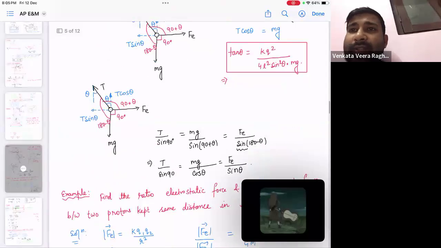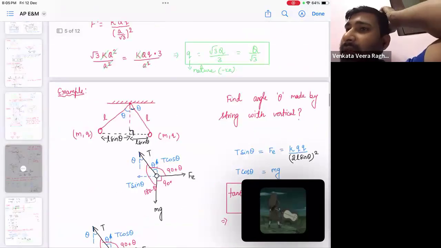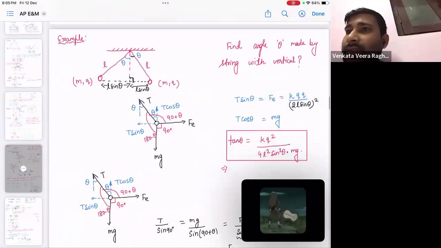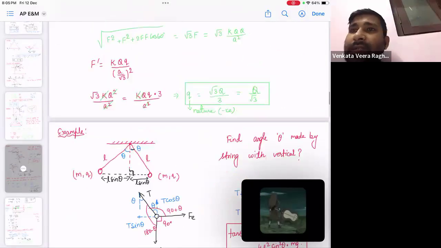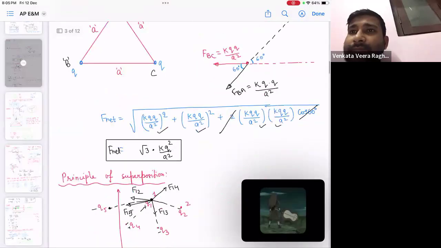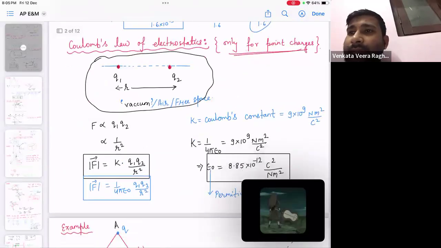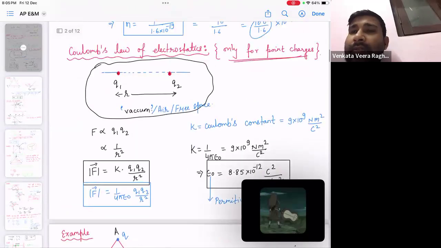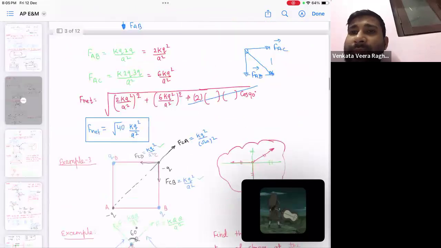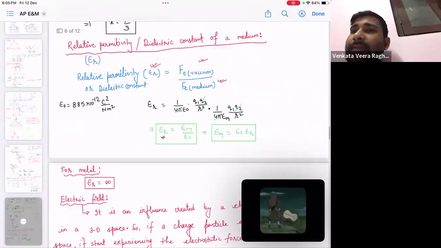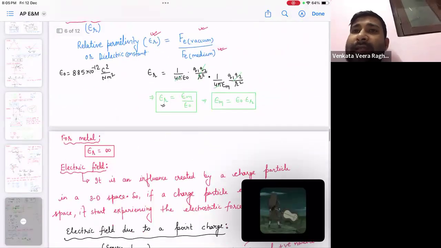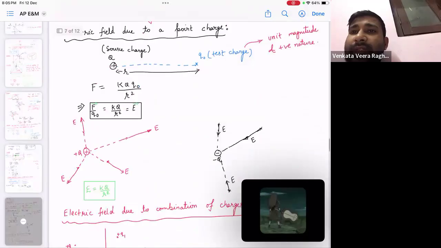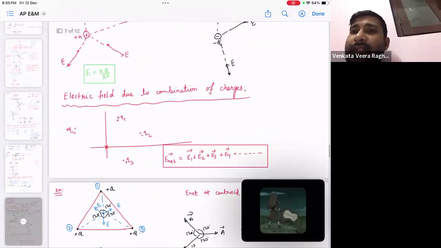And we discussed also about the dielectric constant. Coulomb's law, the superposition principle, relative permittivity and dielectric constant we discussed. Electric field we were in the topic.